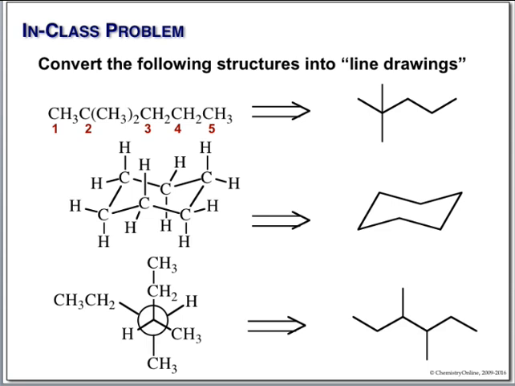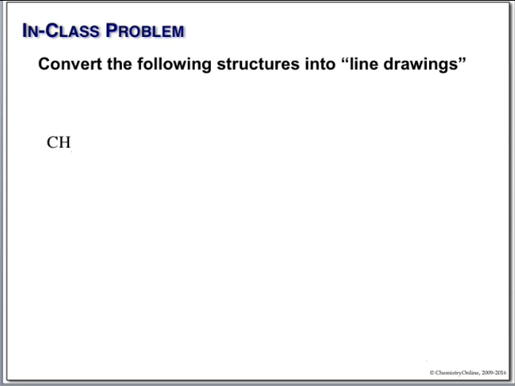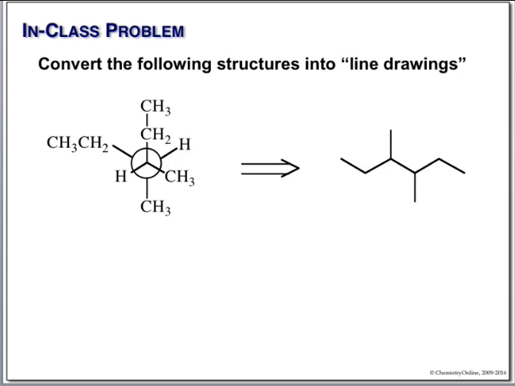Now, just in case that wasn't what you drew, let's try it again. Let's unwind it step by step. I'm going to take this guy and go backwards, convert it to sawhorse. So this was the answer. If we draw this as a sawhorse, this will be front, that will be back.